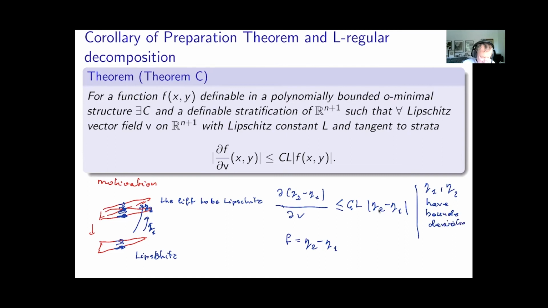So the projection of each leaf over this base is Lipschitz, if this base is L regular, which you can assume thanks to the theorem. And of course there is Lipschitz on one of them.